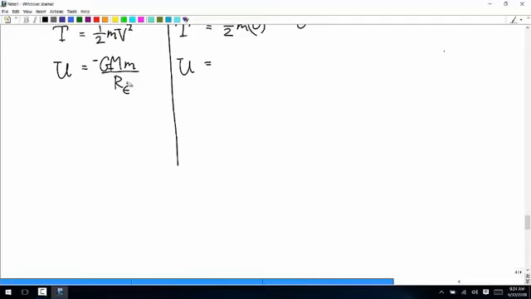So, that's a good question. When do we need to use this? We need to use this anytime the object is way away from the surface of the Earth. If your distance from the surface of the Earth is at least on the order of magnitude of the radius of the Earth, then you have to use this approach.